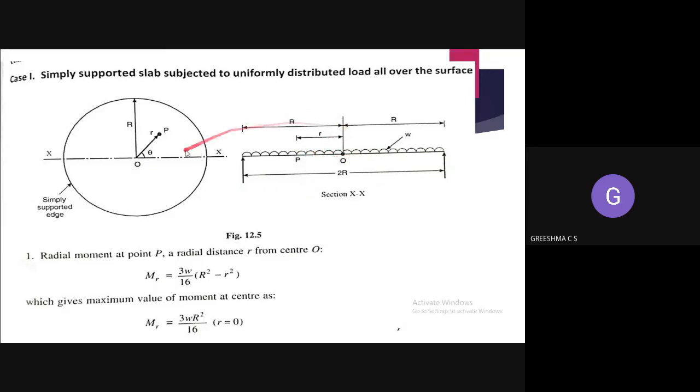You are taking a point P here, and the radius to that point is taken as small r, and theta is the inclination of the horizontal with this r.